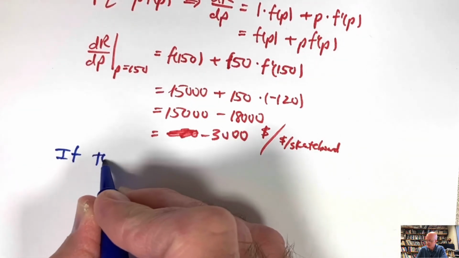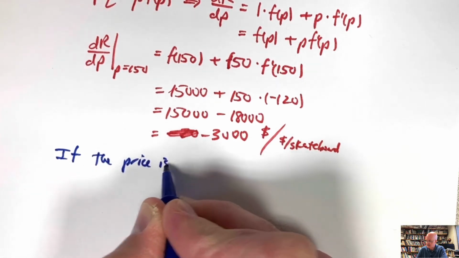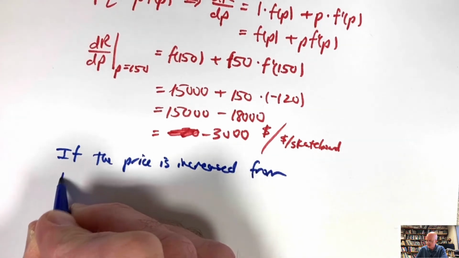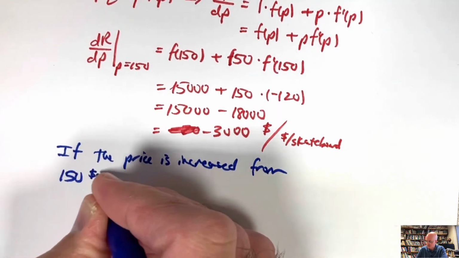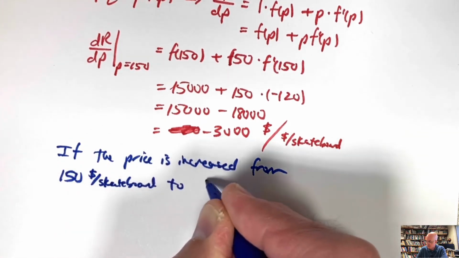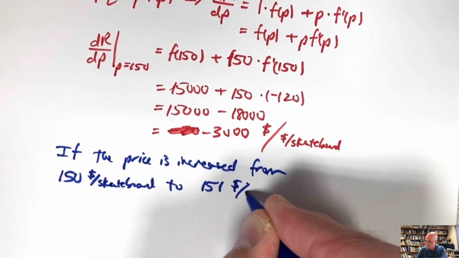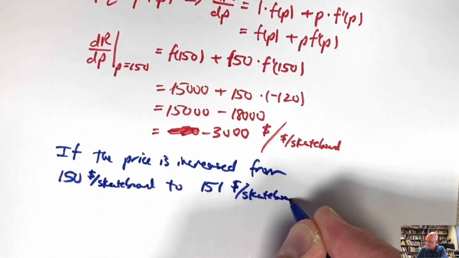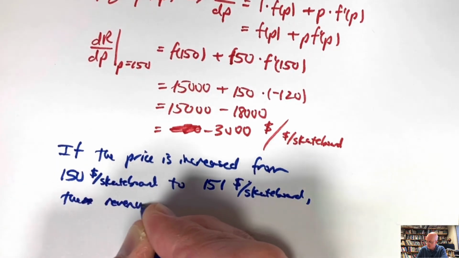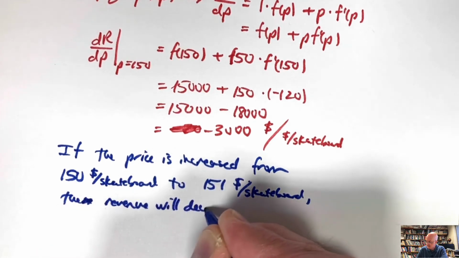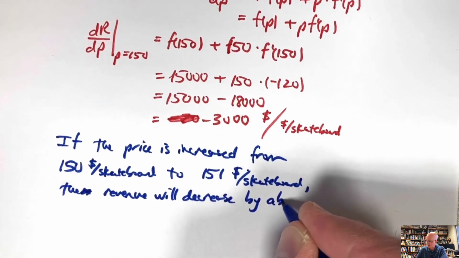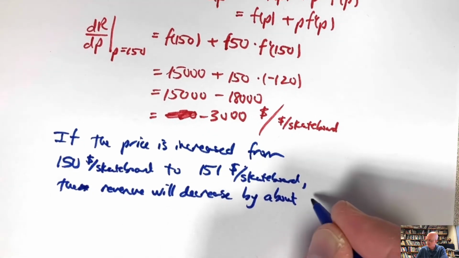If the price is increased from 150 dollars per skateboard to $151 per skateboard, the revenue will decrease by about, this is a linear approximation, about $3,000.